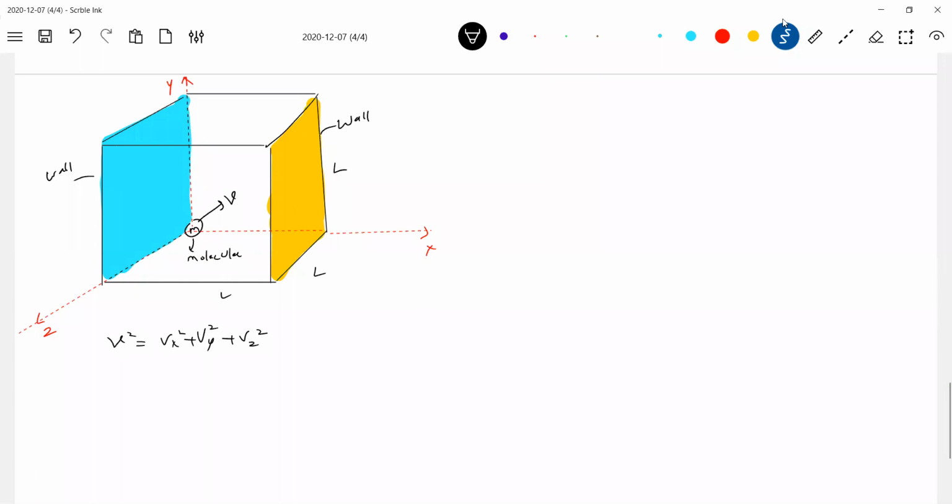So let's consider the x component of velocity of the molecule. So if there's a wall, what are some assumptions here? Let m be the mass of the molecule. In the corner, let me write: mass of molecule, M naught; molecular mass, capital M; this M naught, capital M will be mass of gas.